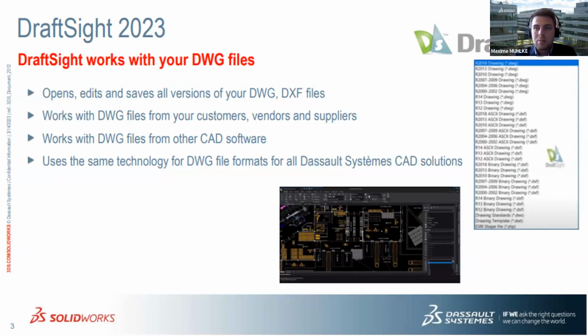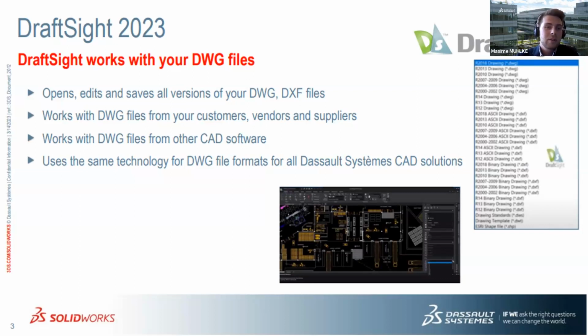By the way, on the right side of the screen, you can see the different formats that DraftSight now opens. And it's funny because nowadays with DraftSight 2023, you can even open files coming from AutoCAD that AutoCAD cannot even open anymore since it's too ancient. So it's funny.